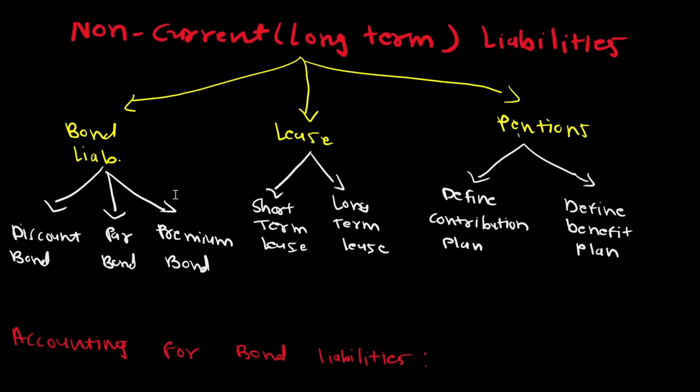If we divide the bond, there would be three types of bond: discount bond, par bond, and premium. Similarly there are two types of leases: short-term leases and long-term leases. And pension has two types: defined contribution plan and defined benefit plan.